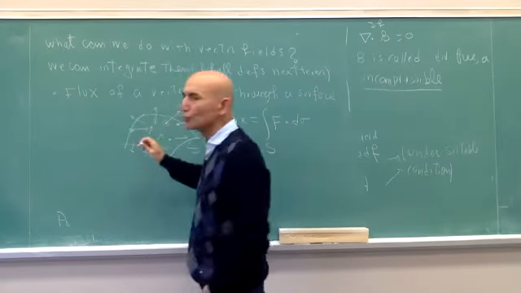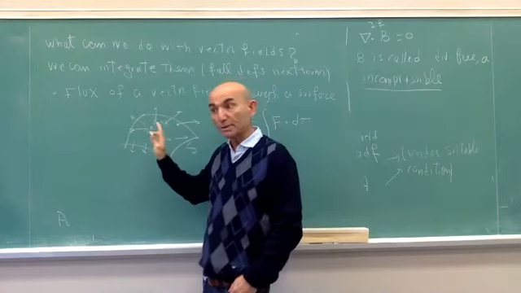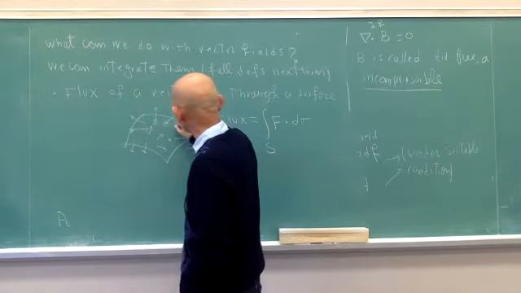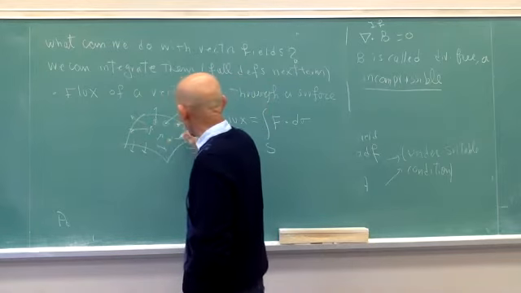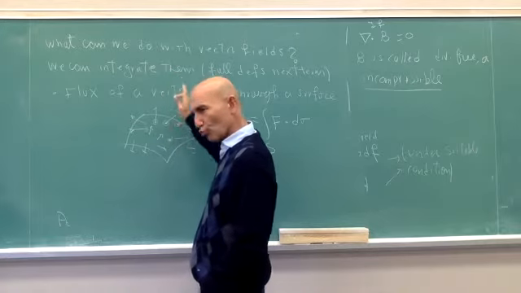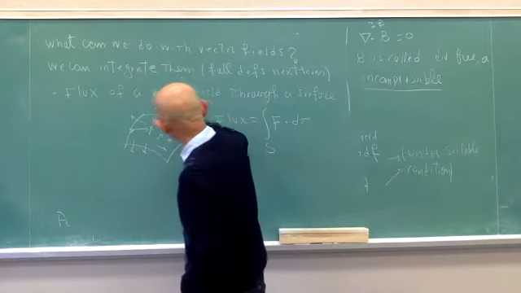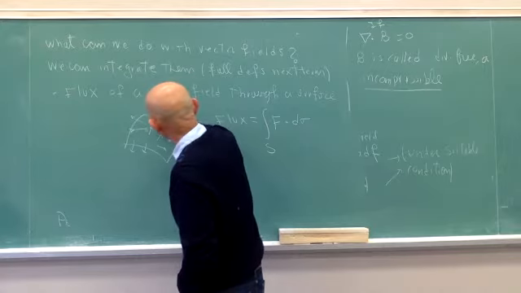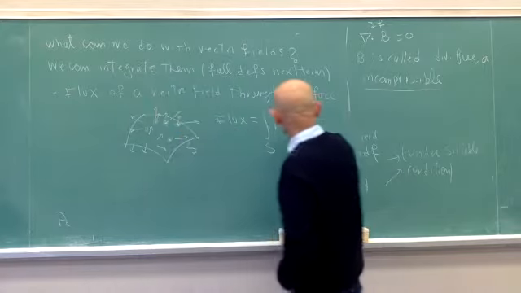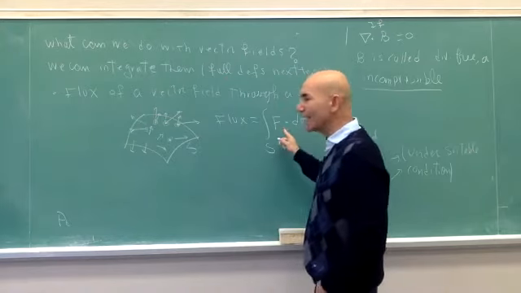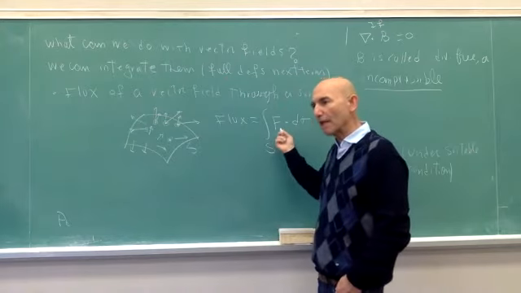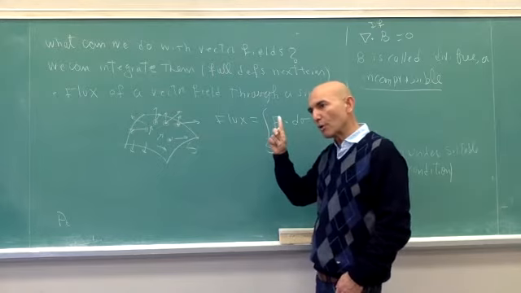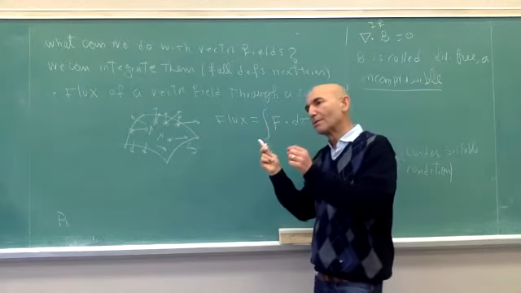So you chop your surface into small pieces. For each piece, you take the normal vector, and this really means we are taking the dot product of F with the unit normal vector times the area.